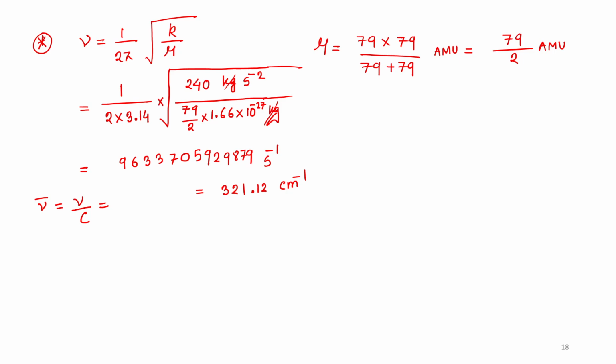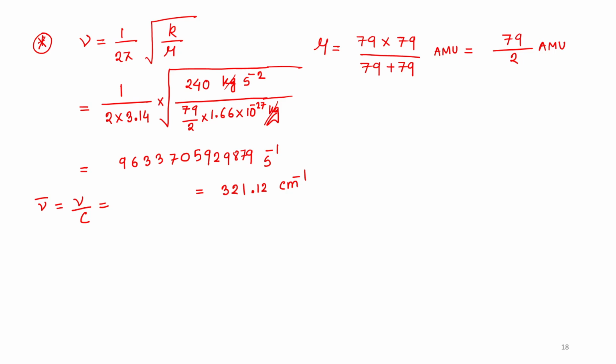So you need to understand that nu bar is given, not nu is given. Are you getting my point? The interconversion between these units, you have to know this. Then the rest of the things will fall into place.